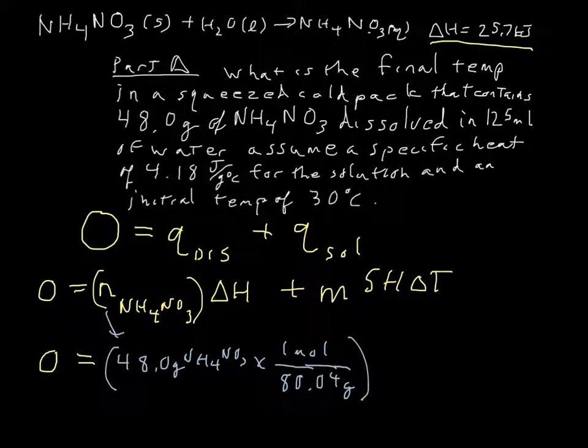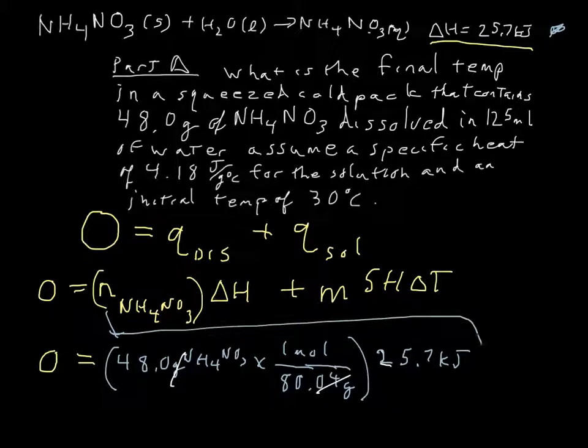So if you look at what we've done, we've canceled out our grams of ammonium nitrate and we have moles of our ammonium nitrate. Then we want to multiply by our change in enthalpy, or 25.7 kilojoules. That came from our problem up here. So this right here is that term.